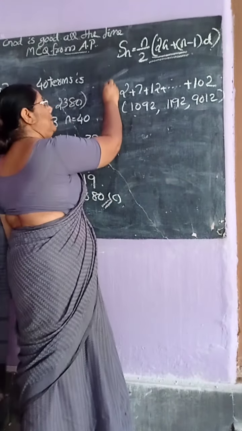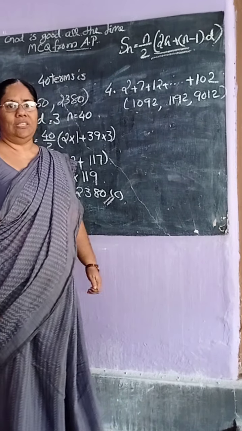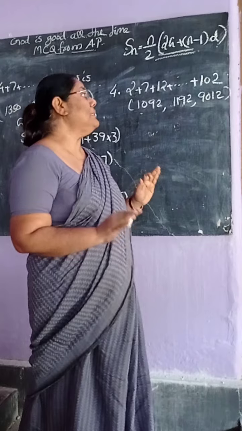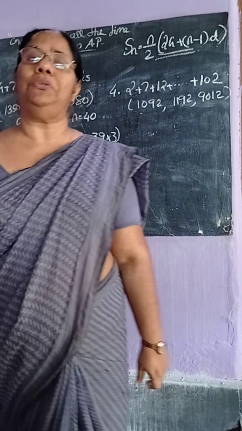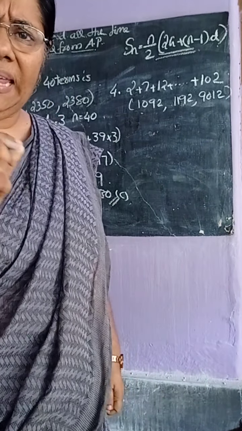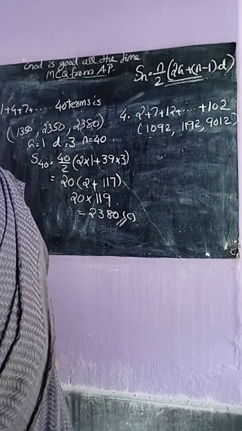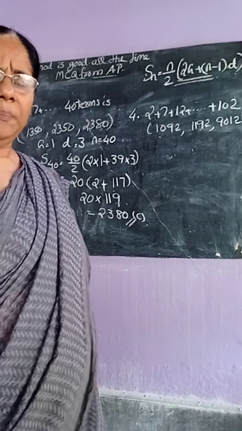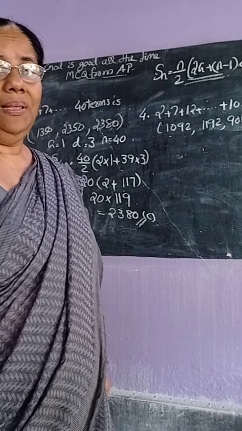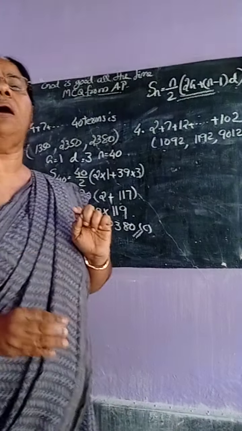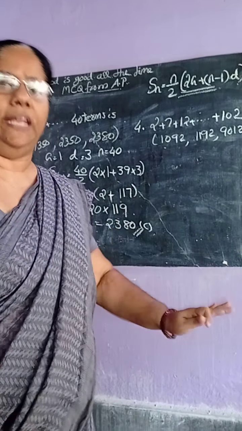Now listen. The fourth question: 2 plus 7 plus 12 plus etc. plus 102. Is there any difference you identify between these two questions? Are they same? No. In the first question, sum to 40 terms means our aim is to find S40.